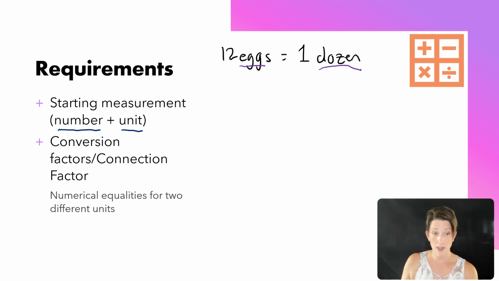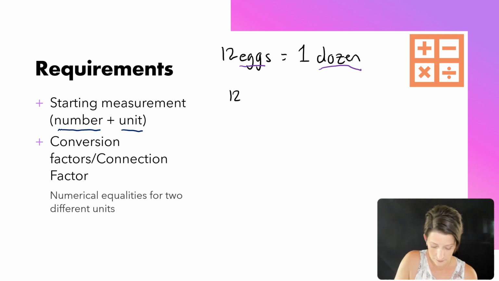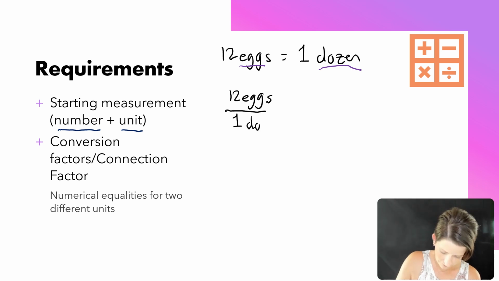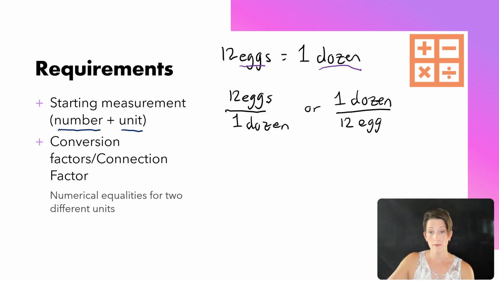Because these are a set ratio, they can be used as a conversion factor. These are set. 12 equals a dozen. 12 eggs, 1 dozen. So the conversion factor or connection factor allows us to convert between eggs and a dozen.